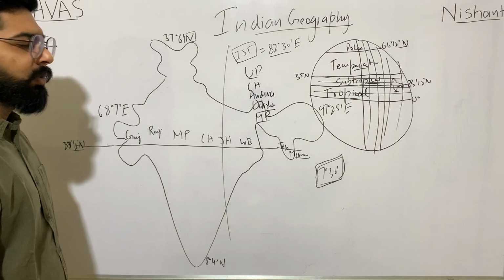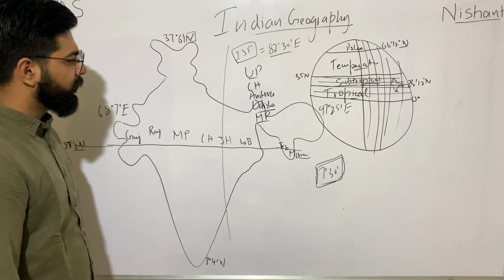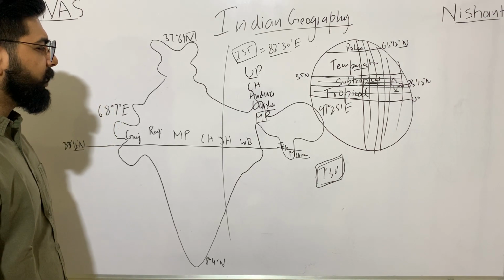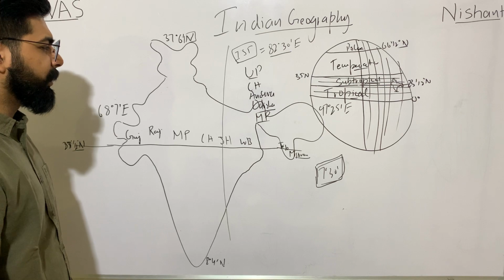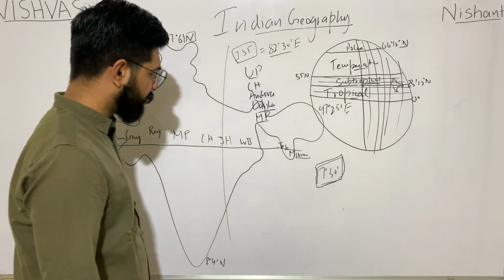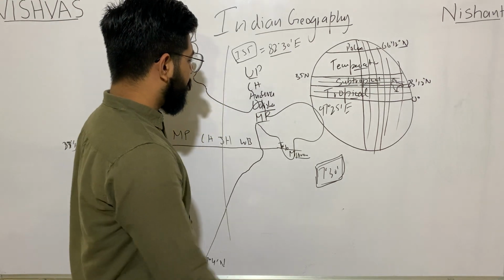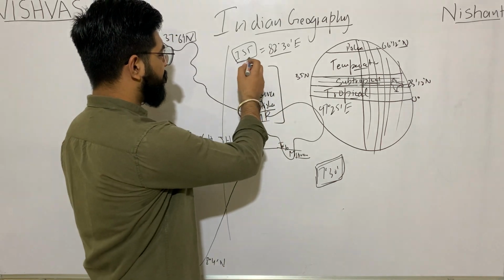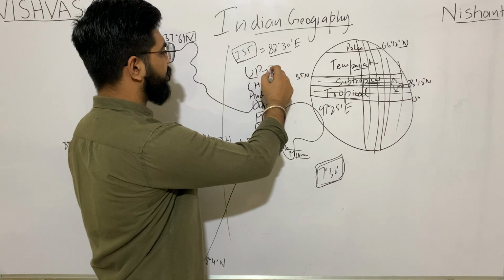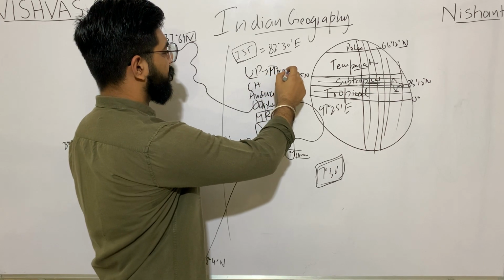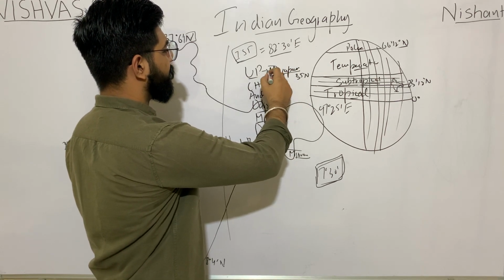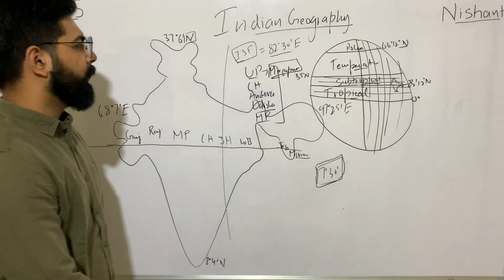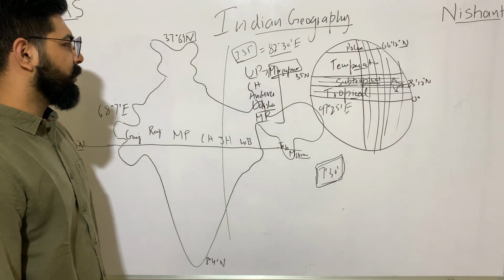So UP, Chhattisgarh, Andhra Pradesh, Odisha, and Madhya Pradesh. These are the 5 states through which our IST passes. In UP, there is one famous city named Mirzapur, through which exactly this IST passes.